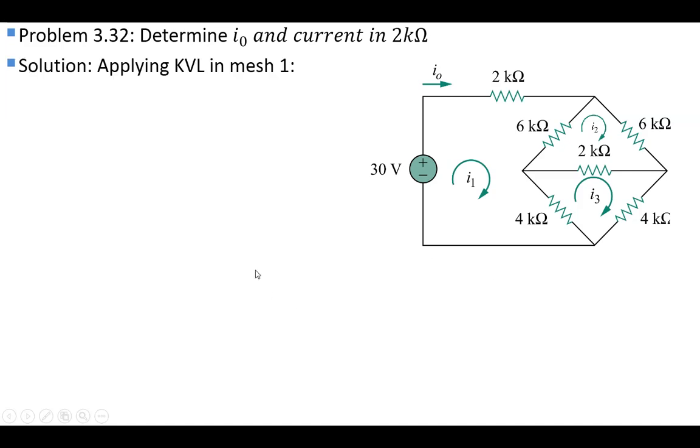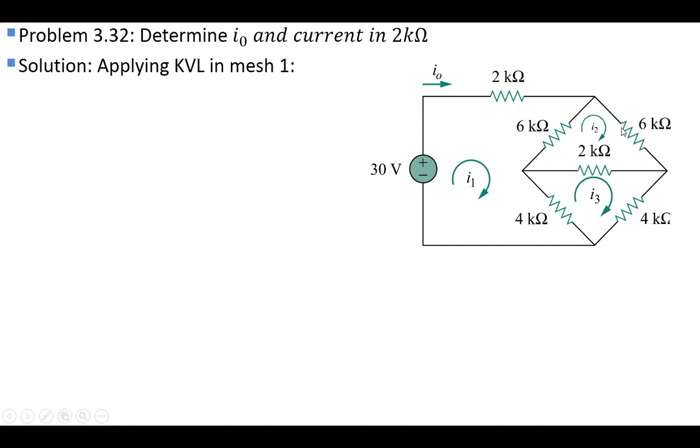Let's start. Before starting, we have to identify how many meshes are present in this circuit. You can see that there are 3 meshes. If we start from this point, we go to this point, this point, this point, and come back to this point. This is one mesh, and we assume the mesh current in it is I1.